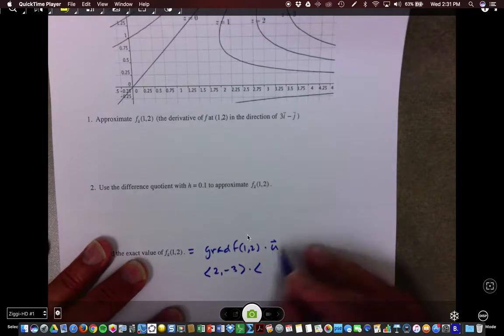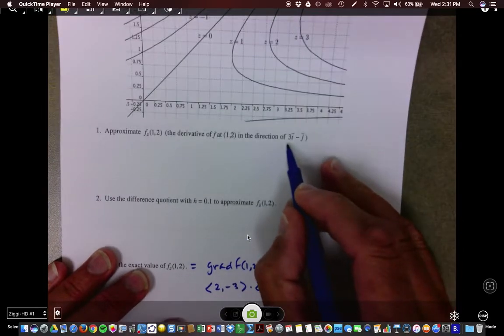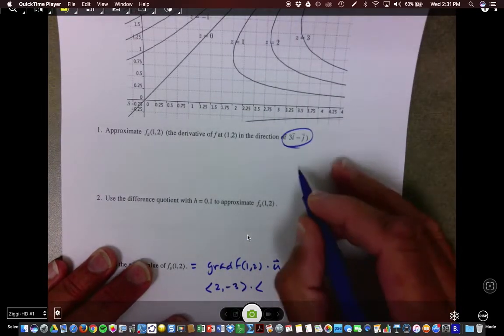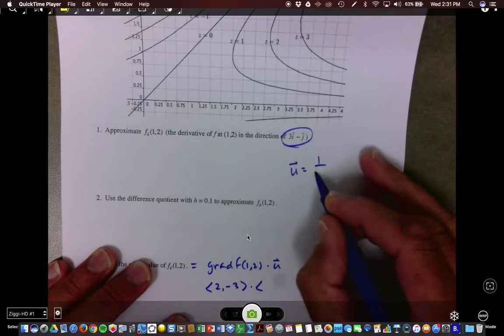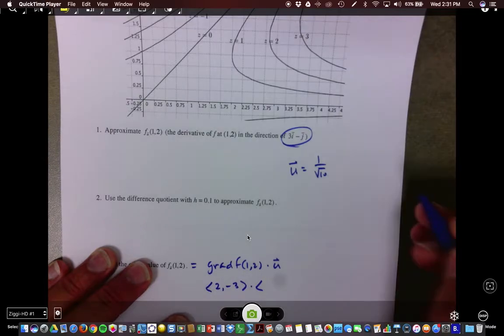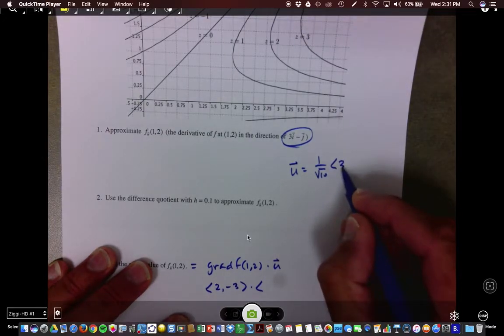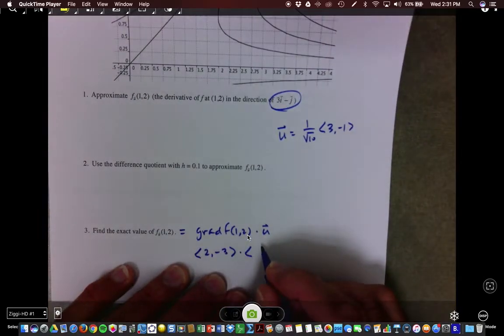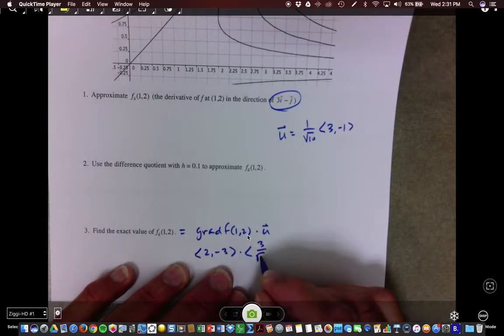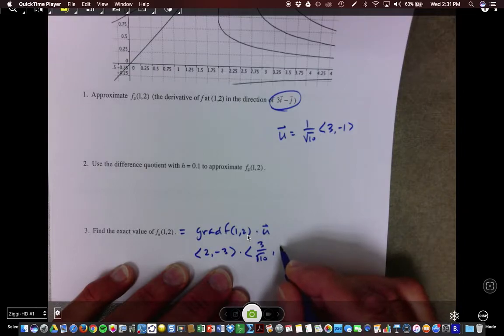Then I need a unit vector in the direction of (3, -1). That unit vector is 1 divided by the magnitude, which is the square root of 10, times (3, -1). So that gives me 3 over root 10 and negative 1 over root 10.